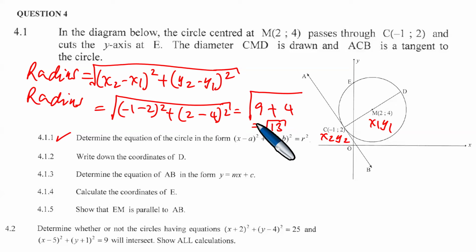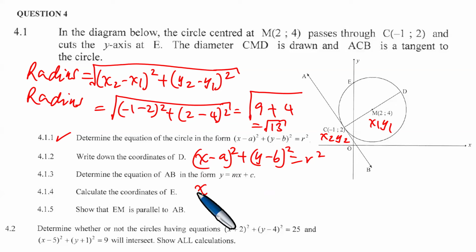The radius is the square root of 13. Now, to find the equation of the circle, the equation must be in the form (x minus a) squared plus (y minus b) squared equals the radius squared. We note that this circle has the center (2, 4), so a is 2 and b is 4.